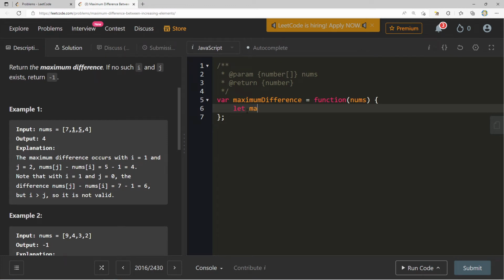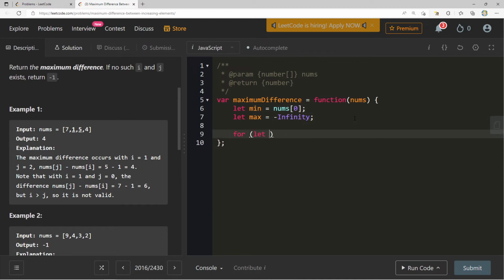So we can say here, let max equal negative infinity. And let's see, let max difference equal, let's say, 0. Is that what I'm looking for here? Maybe I need let max equal infinity. And let's say let min equal nums of 0.